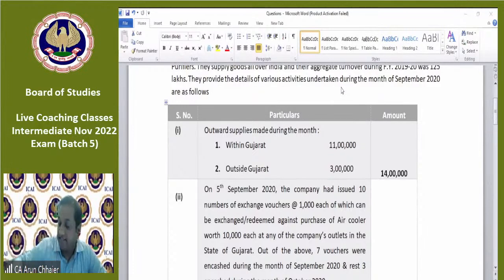Is it CGST, SGST, IGST, UTGST, cess? All are correct. CGST and SGST.